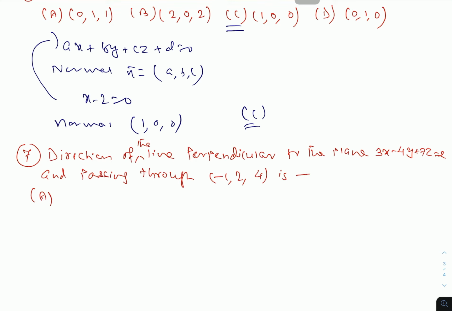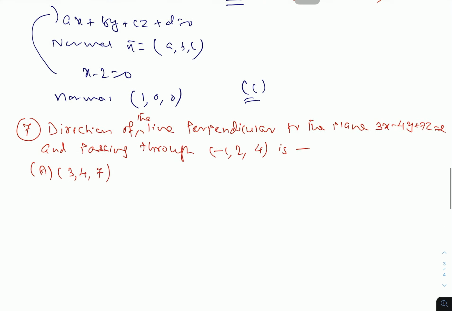Options are 3, 4, 7, then 4, minus 6, 3, then minus 3, 4, minus 7, then minus 1, 2, 4.